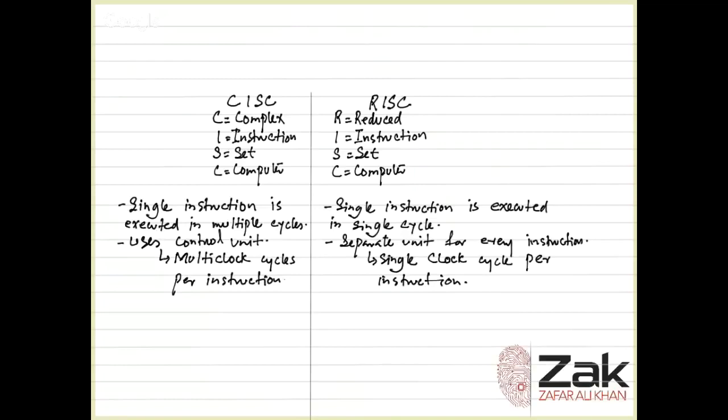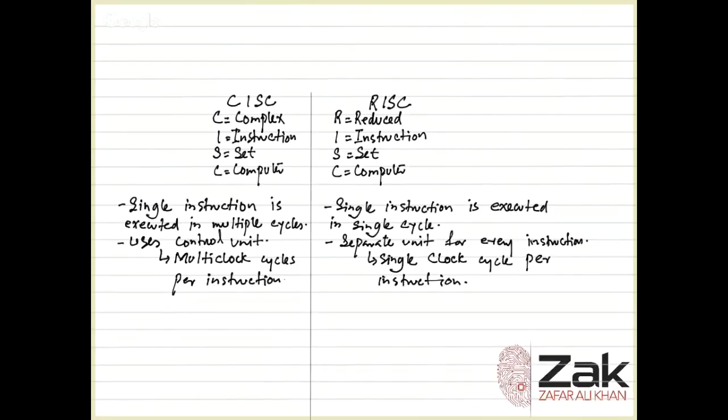But if we have one complex instruction that passes through the firmware to get into microcode, then the microcode is executed one by one. It means that one single instruction will be processed in a number of cycles. So in CISC, a single instruction is executed in multiple cycles, whereas in RISC, a single instruction is executed in a single cycle.